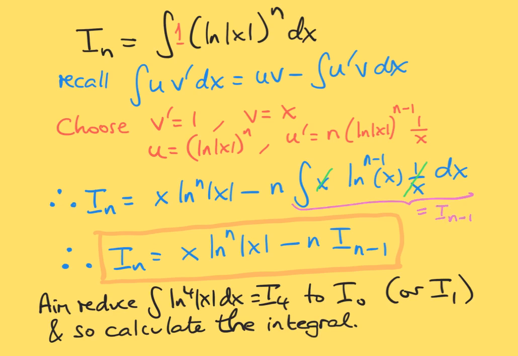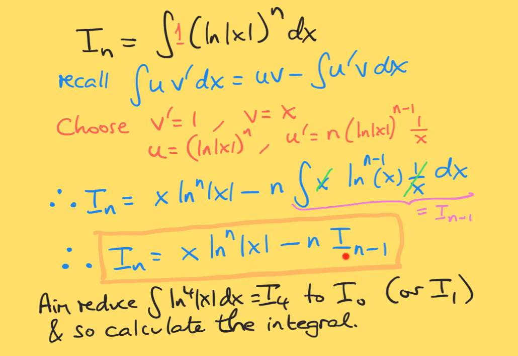And let's not forget that it is being multiplied by an n. So this equation that we've got by using integration by parts once can be rewritten as I sub n, our integral, is equal to this product, these algebraic terms, minus n times I sub n minus 1.